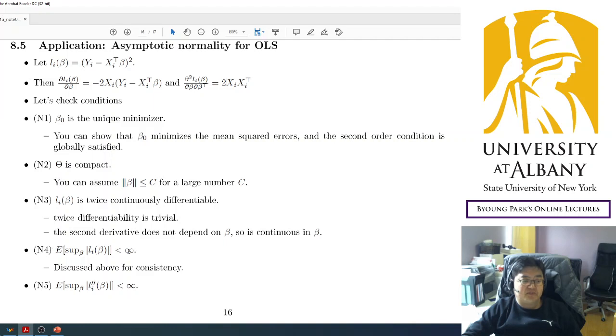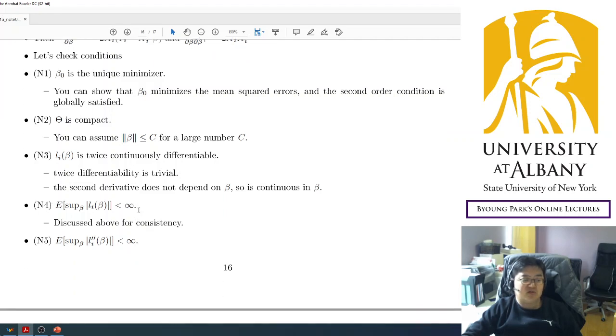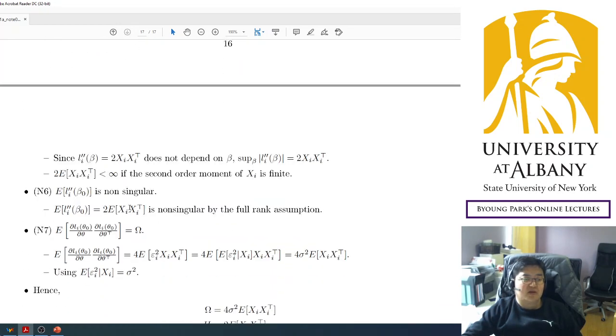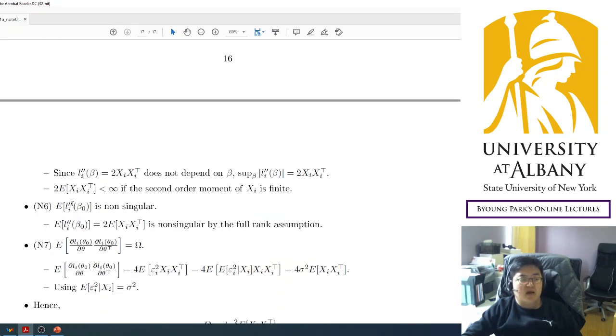The supremum is easy to show, and the supremum of the second derivative is also easy to show. And non-singularity of the second derivative can be argued by adding the full rank assumption. The full rank assumption implies that the expected value of the second derivative is invertible.